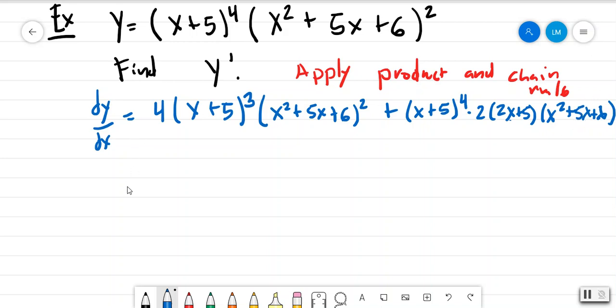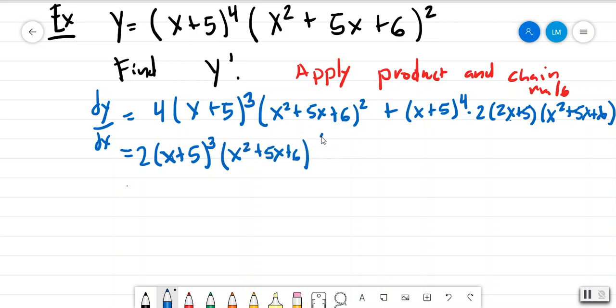Now, looking at this, it looks a little crazy. So what we can do is take out the 2, and then take out x plus 5 to the third power, and then take out the x squared plus 5x plus 6.